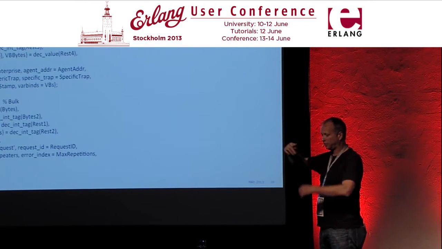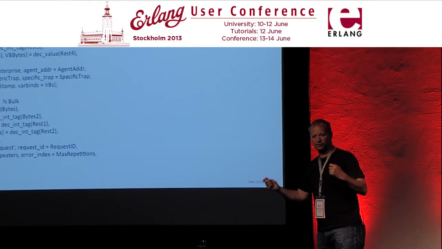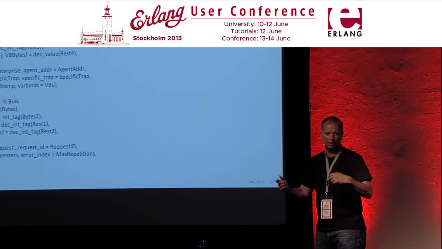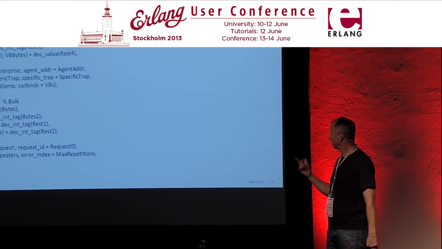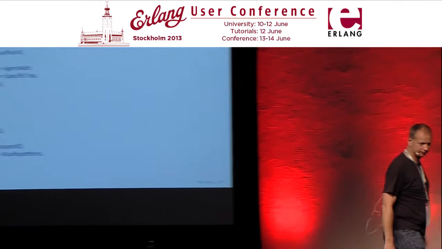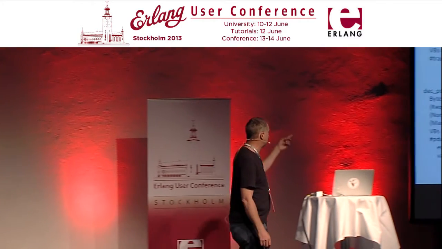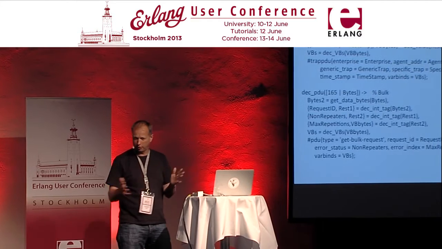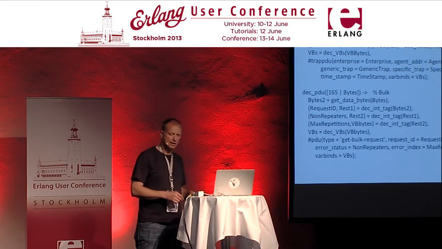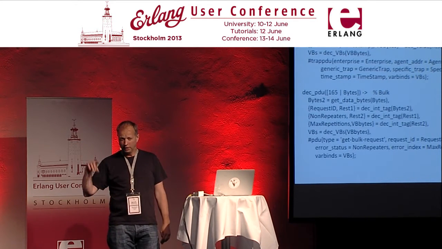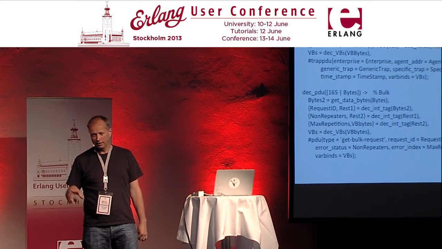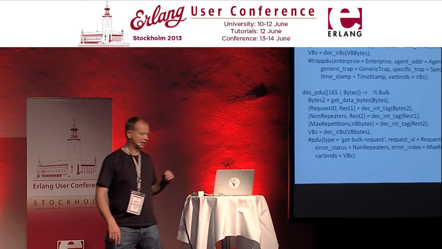And then a bunch of functions that pick out something and return the remainder from a sequence of bytes. It's classical code. It's a matter of taste if you prefer to use the bit syntax or have the parser go through a sequence of bytes. And I bet you this code is old, and if it was to be rewritten today, I'm sure they would have chosen the bit syntax.